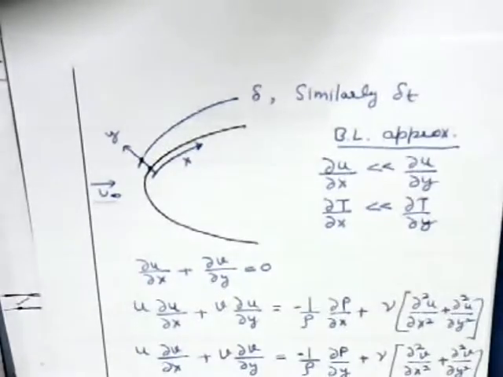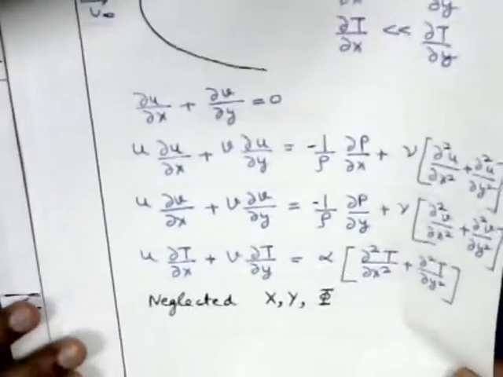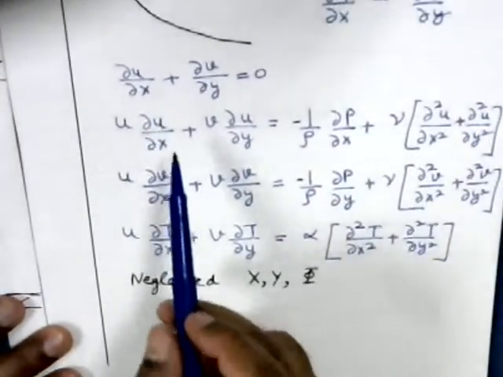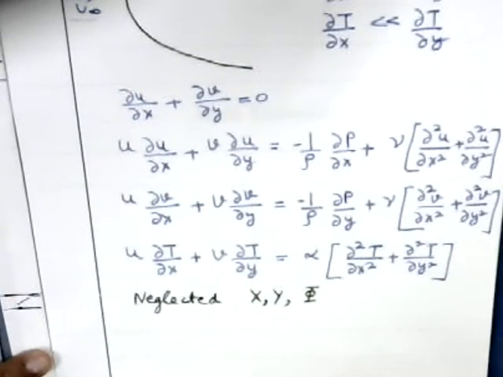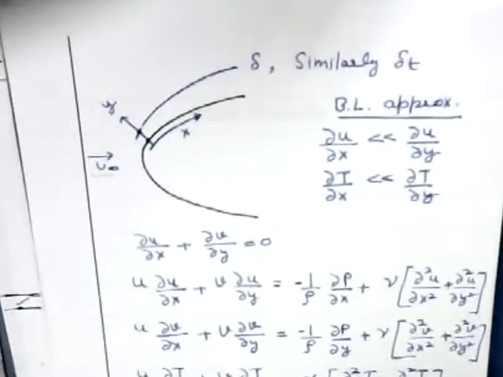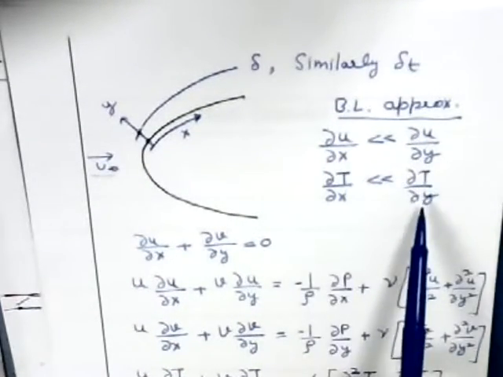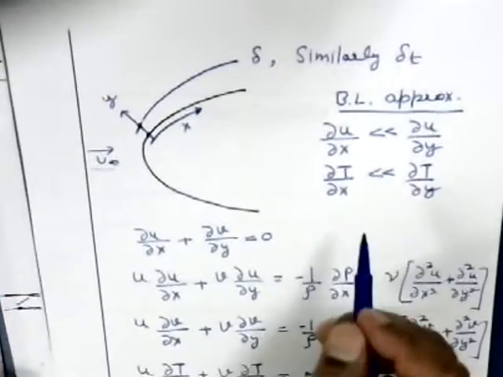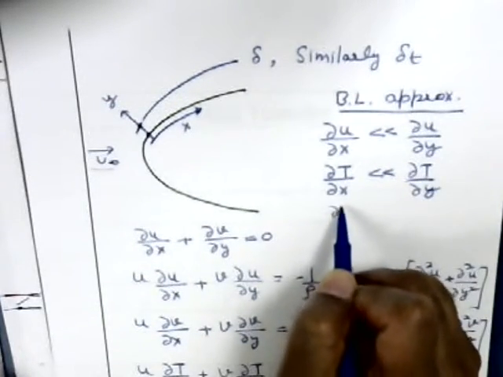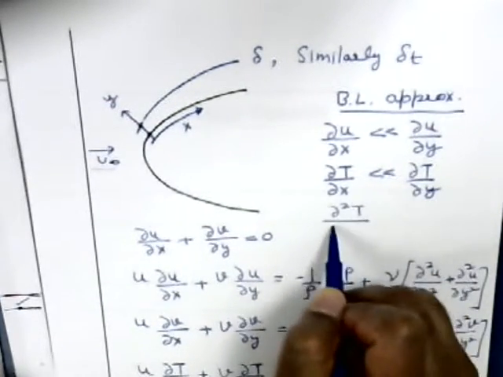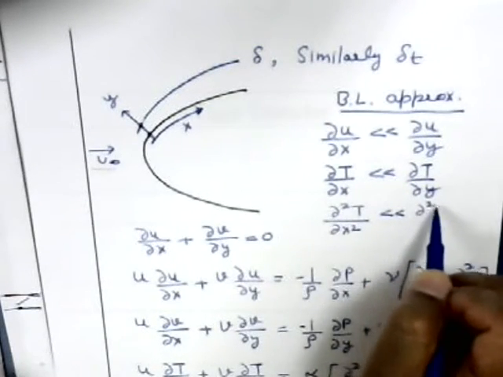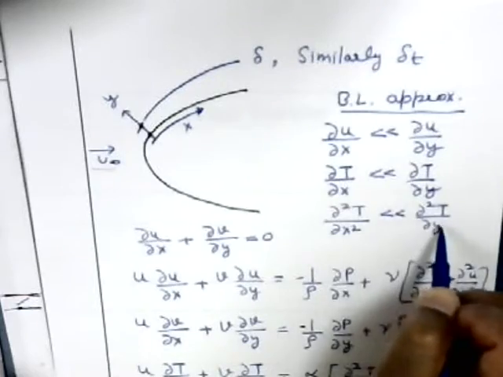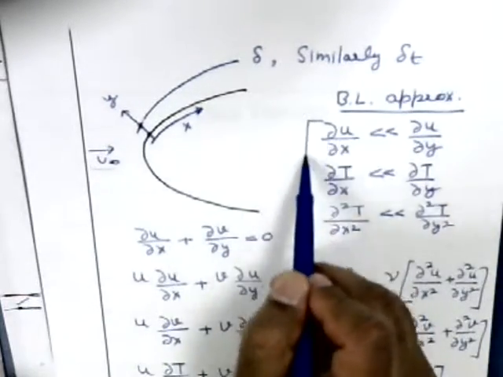In reality, what we do on these equations is an order of magnitude analysis. I'm not going to do that, but I just gave you a simple understanding that some gradients are negligible. Similarly, ∂²T/∂x² is going to be much smaller than ∂²T/∂y² within the boundary layer.